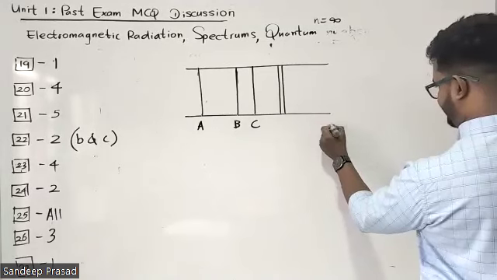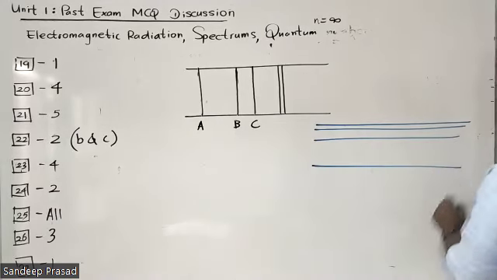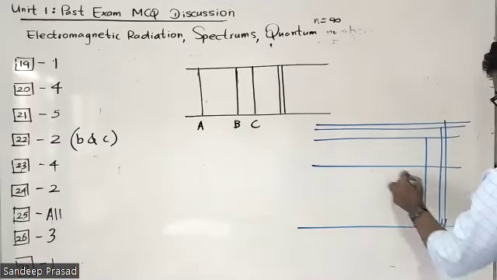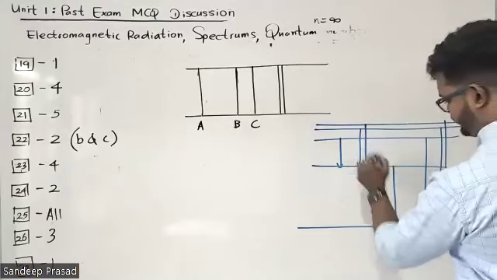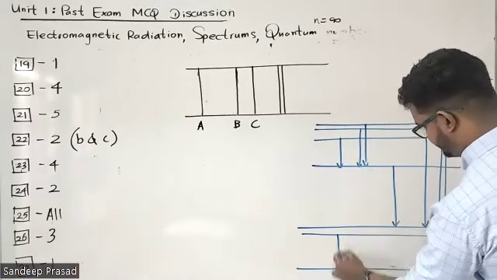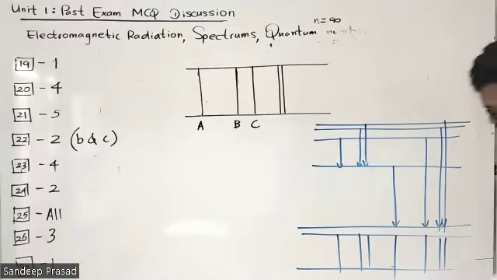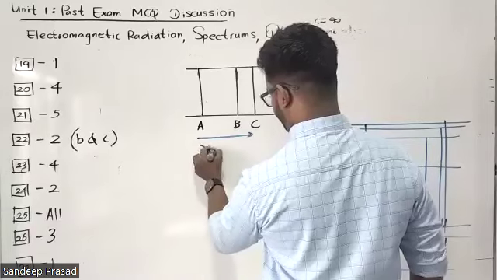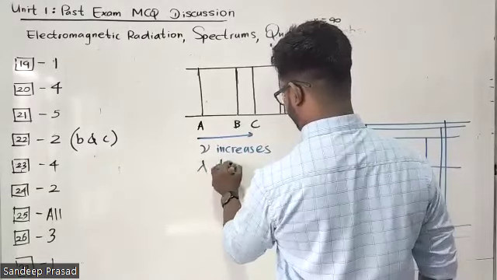We can say that students, when you draw the spectral line diagram in this way, this is the place where the gap is decreasing. That means we can tell that for this direction, frequency is increasing, and lambda, the wavelength, is decreasing.